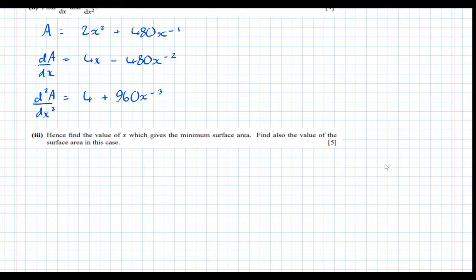And because it's asked us to calculate d2A by dx squared, even though it hasn't explicitly asked us to prove that it's a minimum using the second differential, it would probably be safe to, just in case that's what they want. So even though it hasn't explicitly asked, play it safe. I'll quietly get on with this alongside you, and you can check your answer against mine at the end.